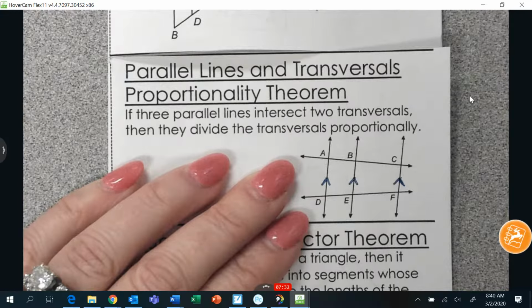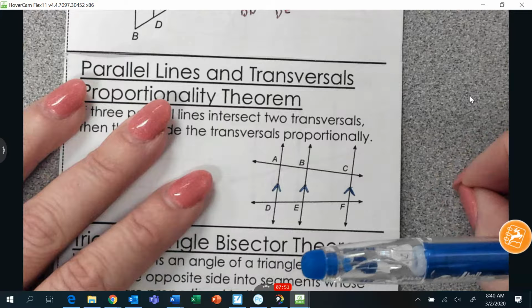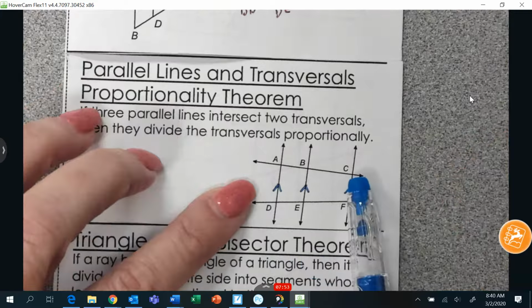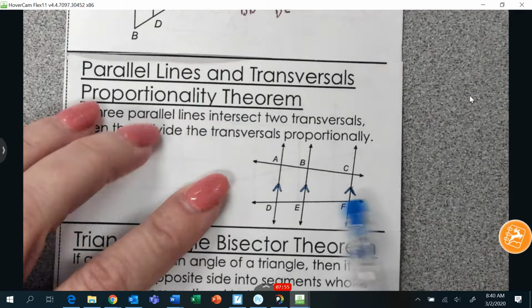This is a lot like the previous example, only this is just a piece of it, could be a piece of a triangle. So it's basically the same thing.